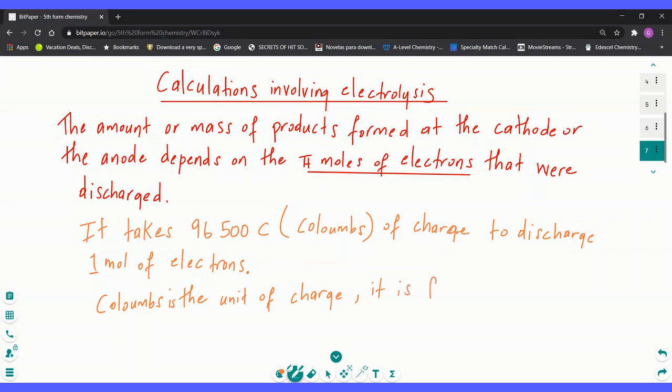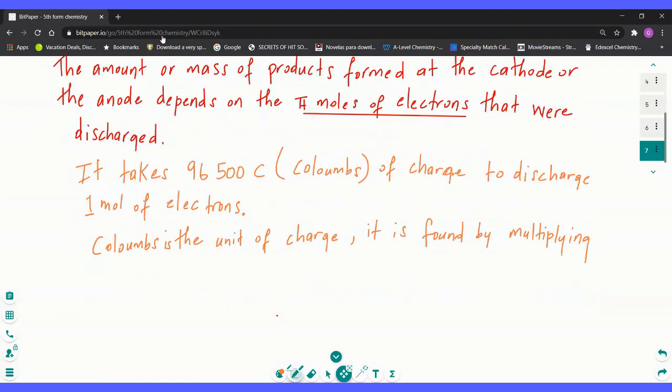It is found by multiplying the current supplied by the time in seconds.